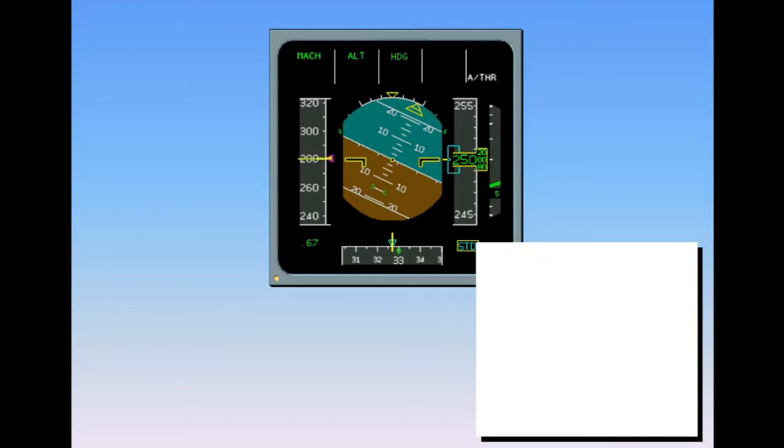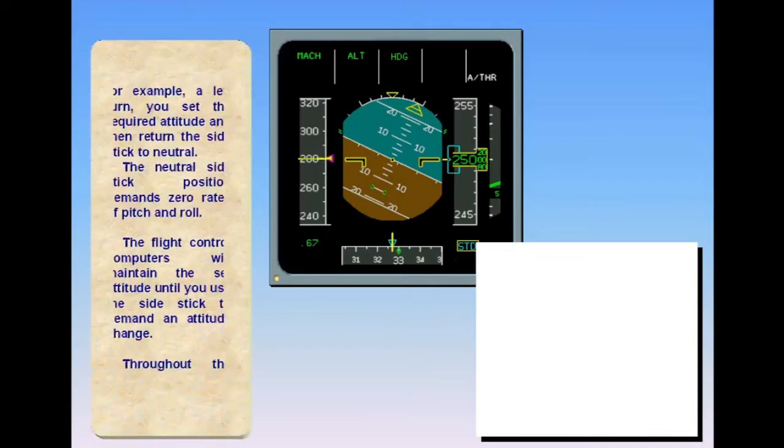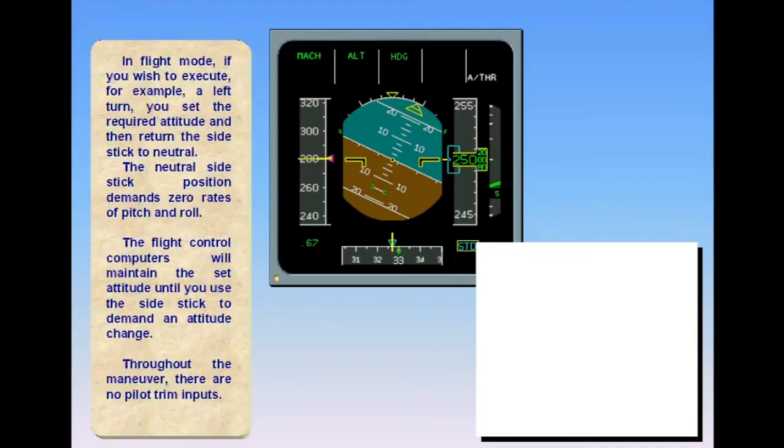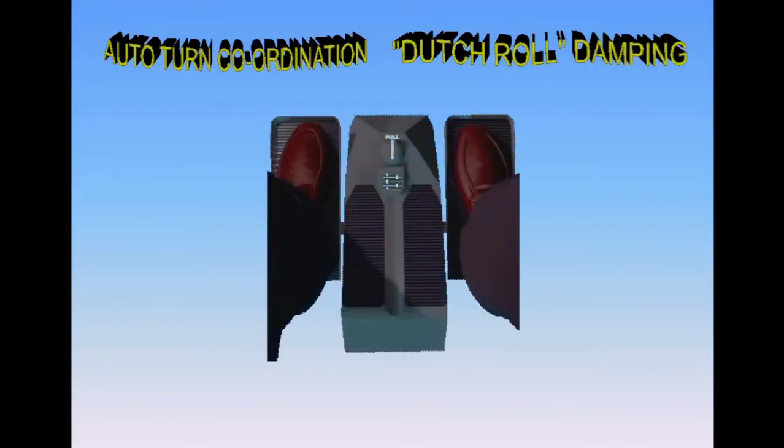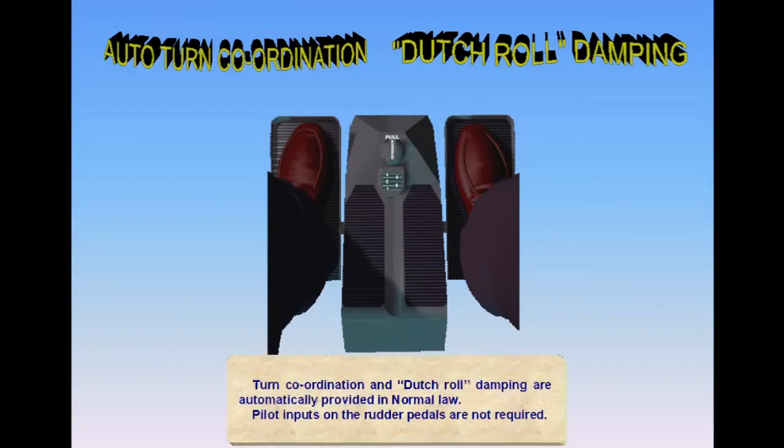Throughout the maneuver, there are no pilot trim inputs. Turn coordination and Dutch roll damping are automatically provided in normal law. Pilot inputs on the rudder pedals are not required.